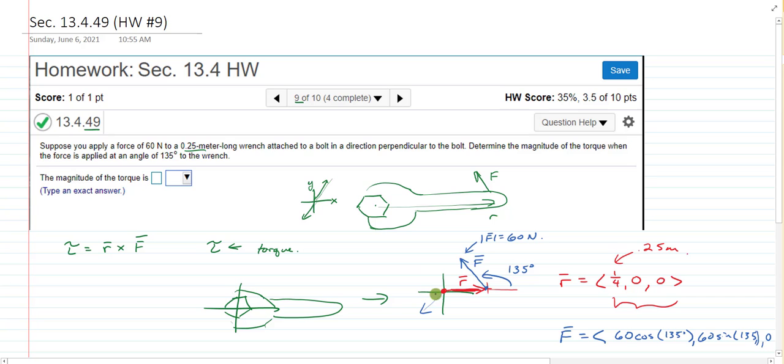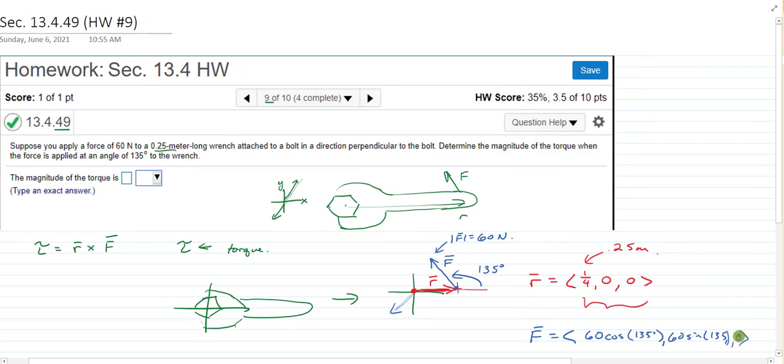The positive z-axis is coming out of the plane there. That component's going to be 0, because the 2 vectors lie within the xy plane, although the torque is going to be perpendicular to both of those, so that's going to be pointing in either the positive or negative z direction.